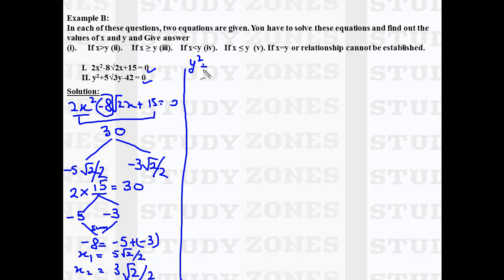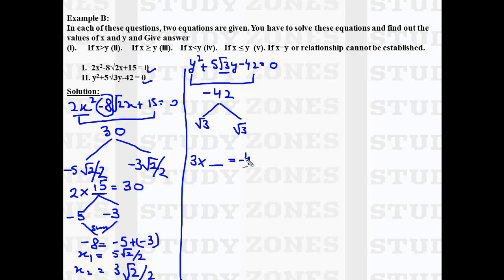Now let's solve our second equation. y square plus 5 root 3 y minus 42 equals 0. Now multiply the coefficient of y square with minus 42, you will be getting minus 42. Now just write the root term here as it is, root 3, root 3. Now root 3 into root 3 is 3 and 3 into something should give you minus 42 and that something is minus 14.